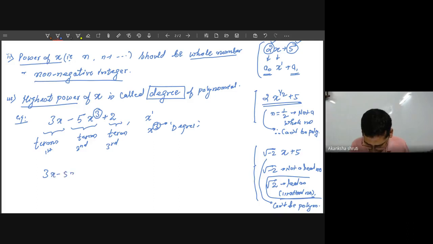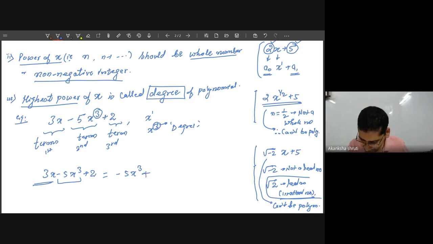And this 3x minus 5x cube plus 2 can be rearranged, writing the highest degree term at the very first, then the lower degree term, and finally the lowest degree term. So this can be written as minus 5x cube. What is the sign of this 3x, students? Yes, if no sign is given, it is the plus sign.